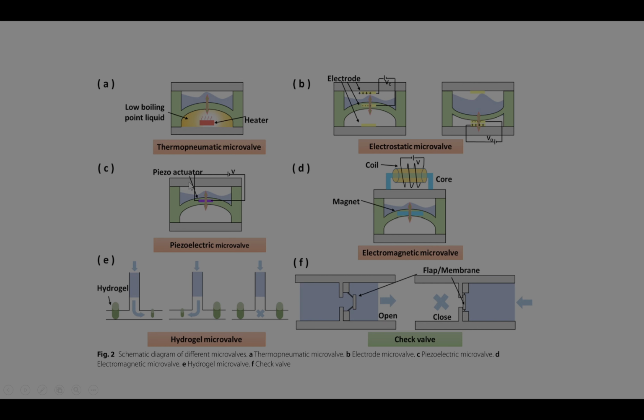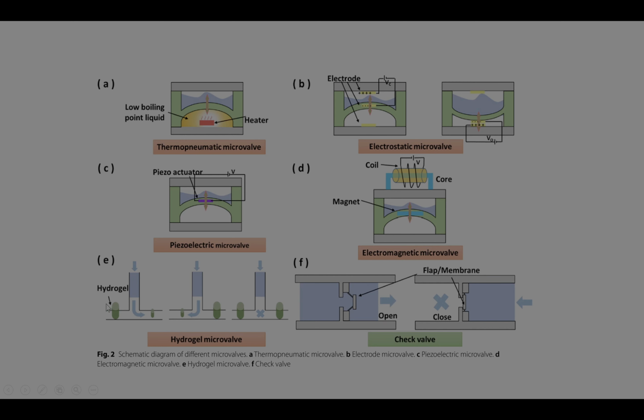Then piezo, where this piezo material will be used to block and flow the fluid. And another one is the electromagnetic valve, where this coil generates a dynamic magnetic field that acts for the electromagnetic microvalve.